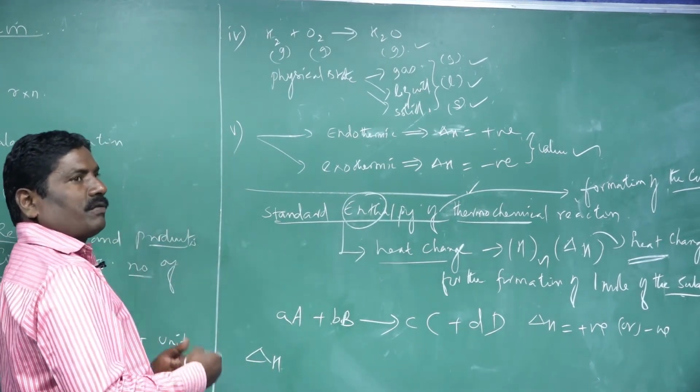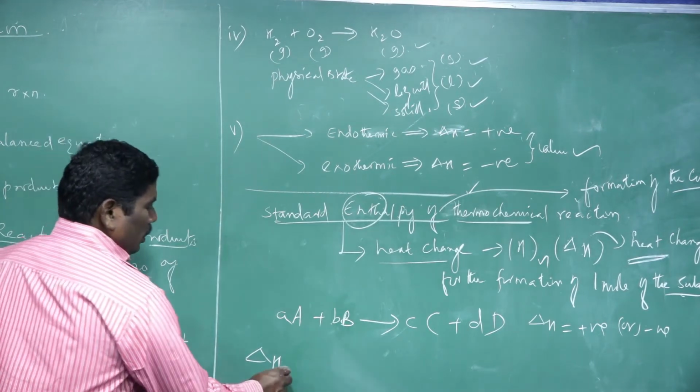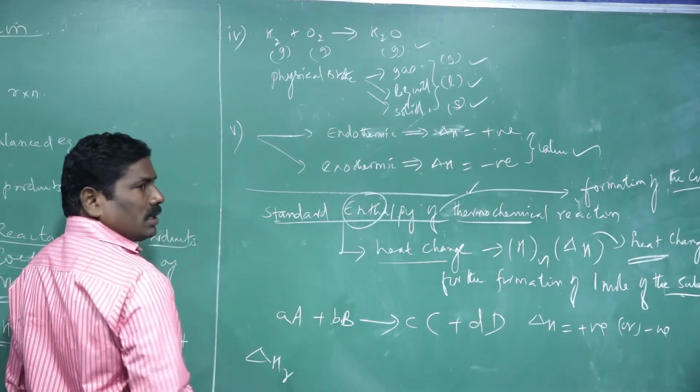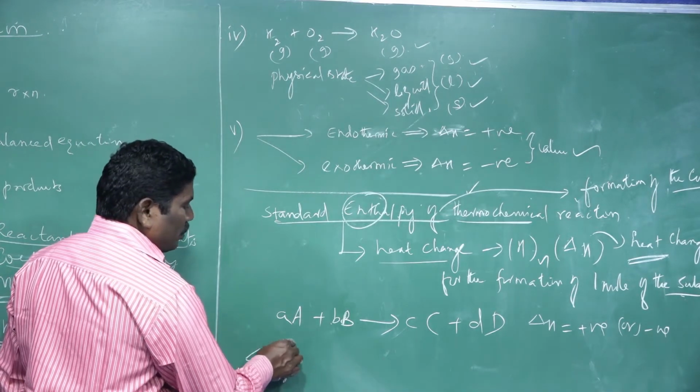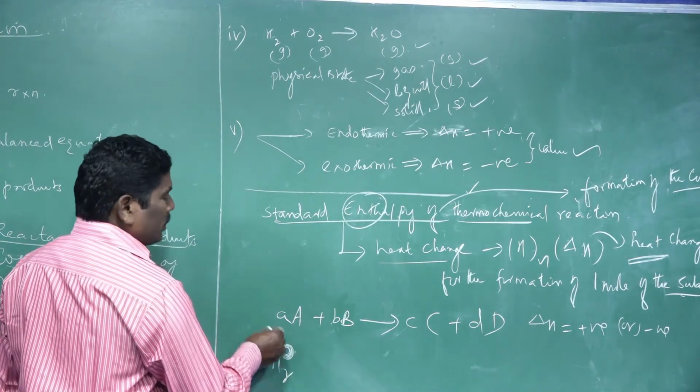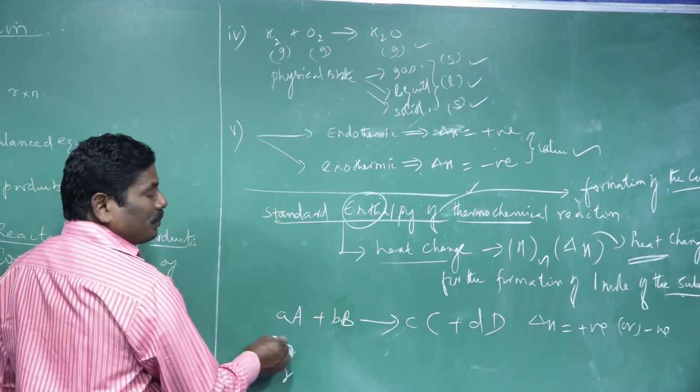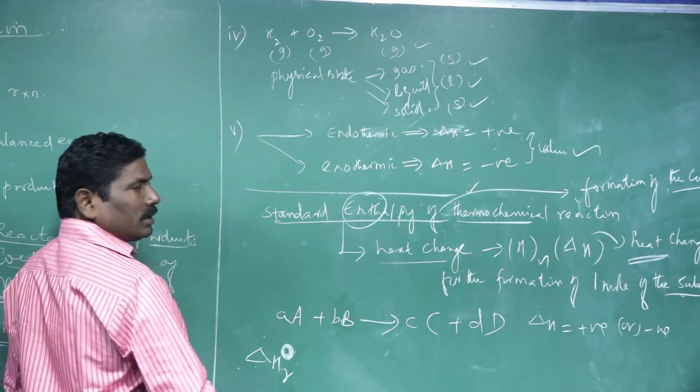Now we can go for how to calculate the delta H formation of any substance, or delta H of the reaction. If it is under standard conditions, a 0 is written as a superscript.